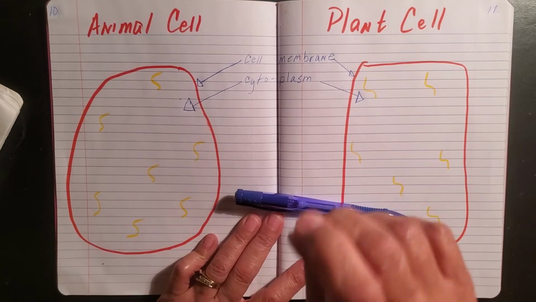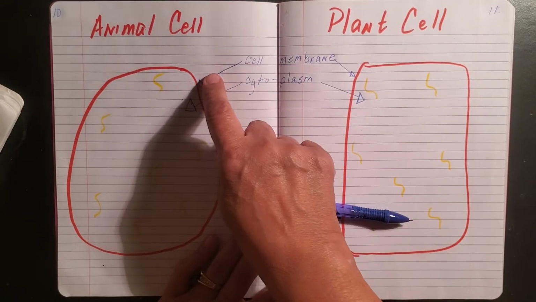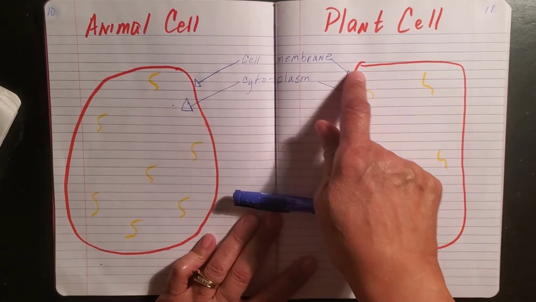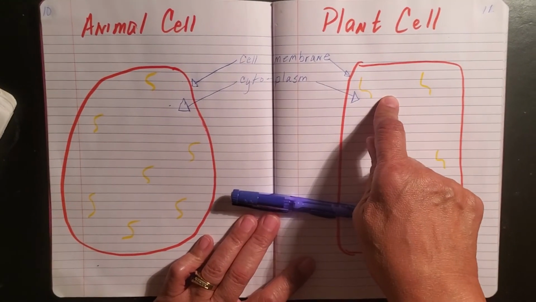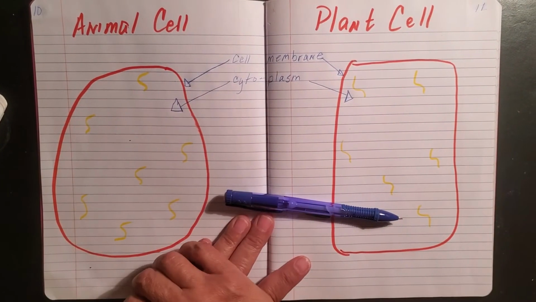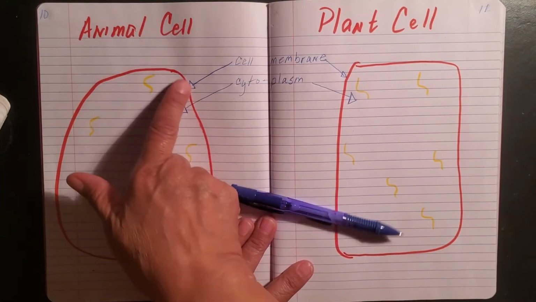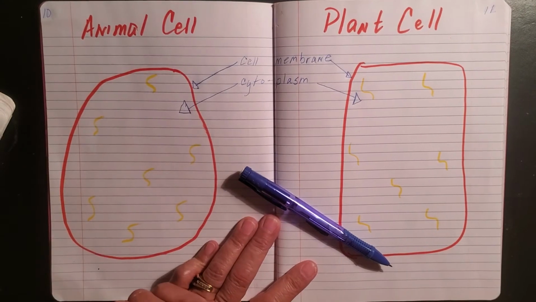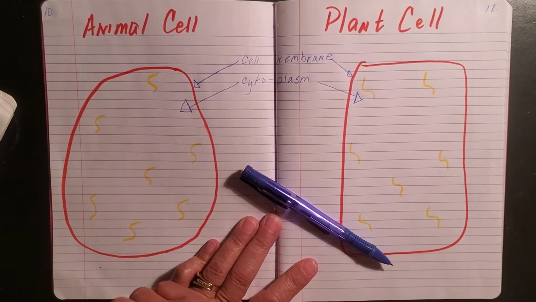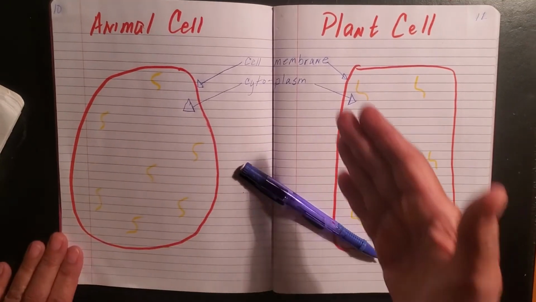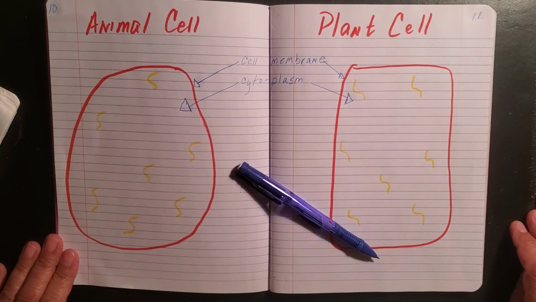The function, what it does, is that it decides what can come in and out of the cell. It regulates what comes in and out. Not everything can just go into the cell. Whatever it is comes to the cell membrane, kind of knocks and says, hey, we want to come inside. And the membrane has to decide, do I let that substance in or not?